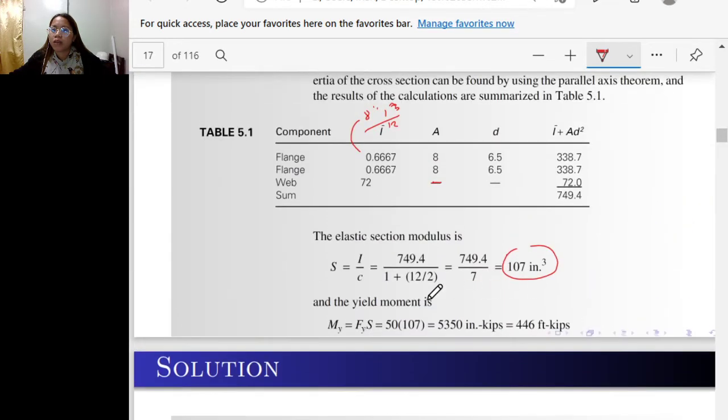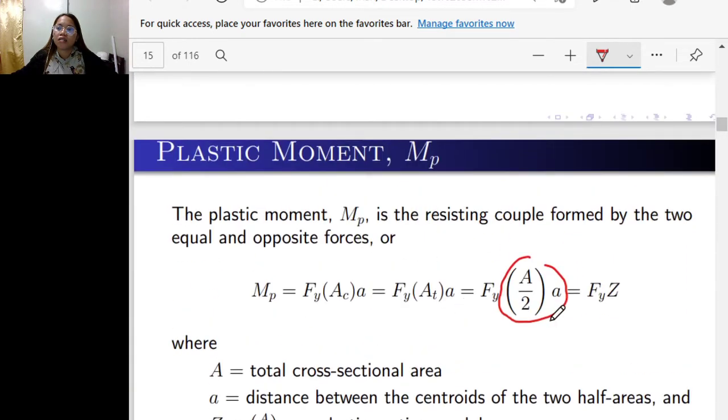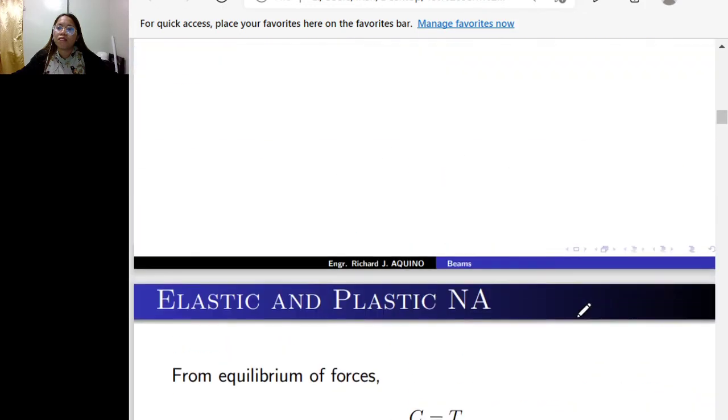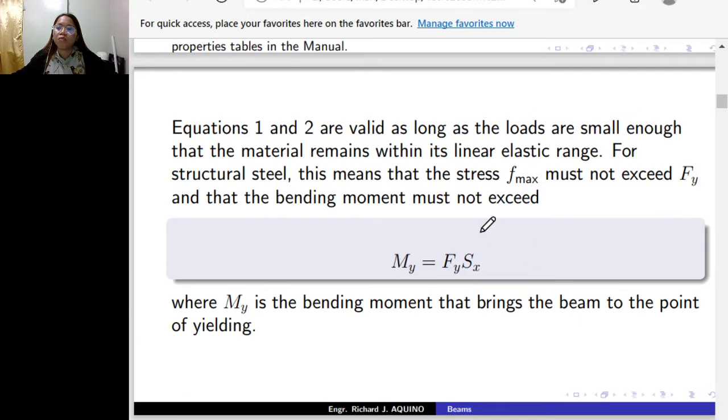And for the yield moment, if you remember from the discussion earlier, the yield moment is equal to the yield strength times the elastic section modulus.